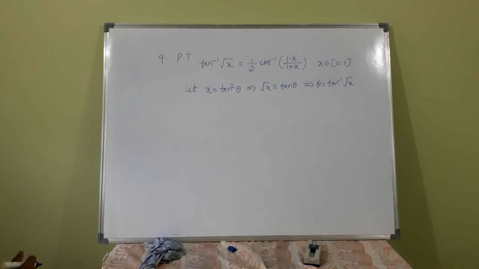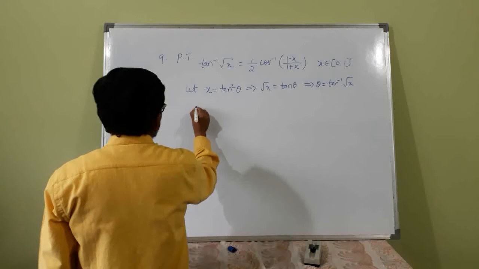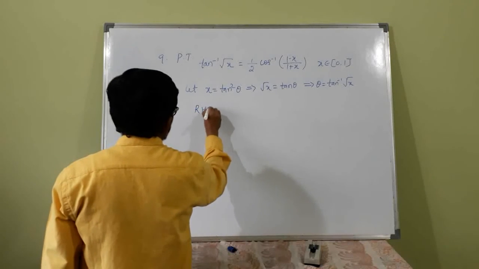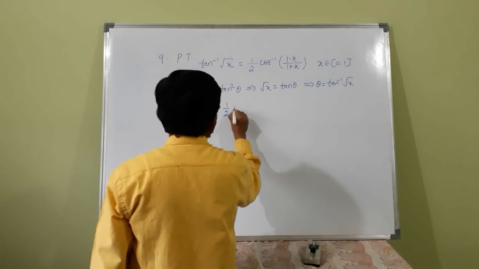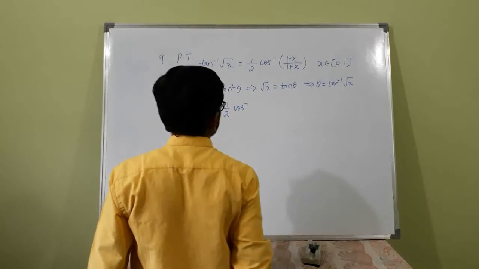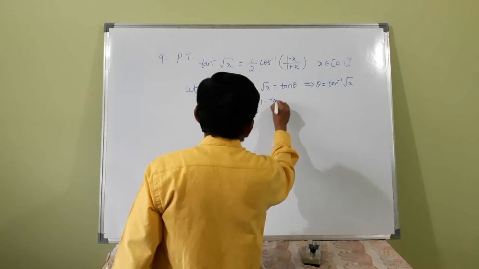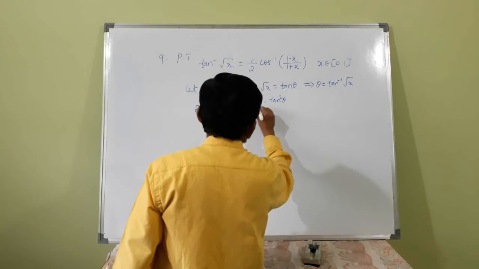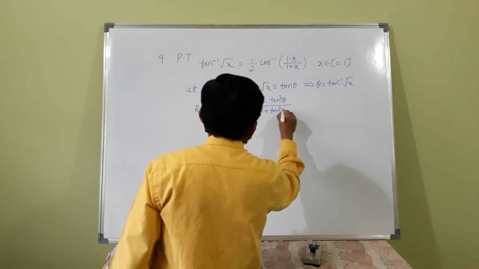Okay, now consider RHS, which is 1 by 2 into cos inverse of 1 minus x, meaning 1 minus tan squared theta, divided by 1 plus tan squared theta.